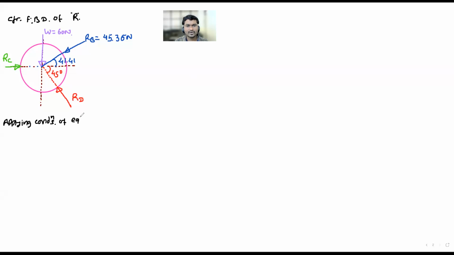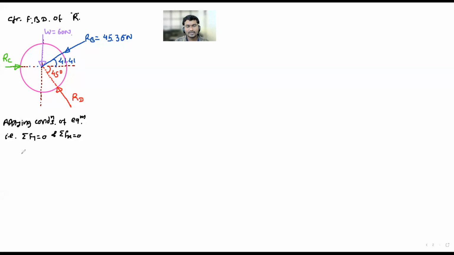Applying conditions of equilibrium: summation Fy equals 0 and summation Fx equals 0. मोमेंट येणार नाही, कारण concurrent force system असल्यामुळे मोमेंट झिरो ऑलरेडी असणार आहे. Now which one do you want to consider first?